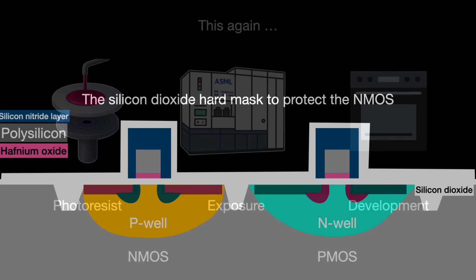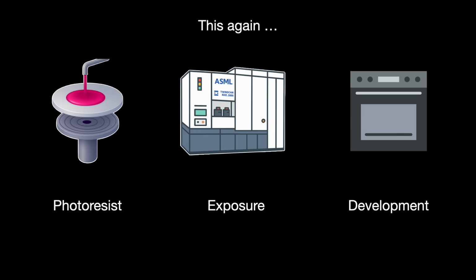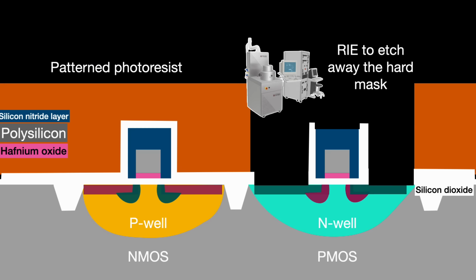We then use lithography to cover up the NMOS and expose PMOS. So you know the drill: spin coat with photoresist, put the wafer into the exposer machine, and then develop the latent image. After that, another round of anisotropic reactive ion etch to etch into the hard mask and expose just the PMOS's source and drain, which are made of doped single crystal silicon, plus the top of the dummy gate.